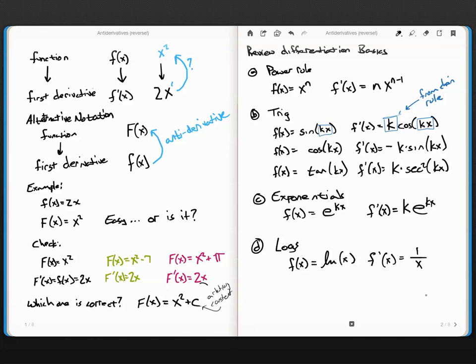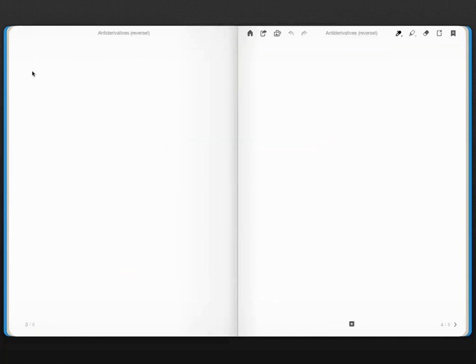Now if we're going to try these in reverse. All right, A. That looks like an @ sign. I didn't mean it to be an @ sign.